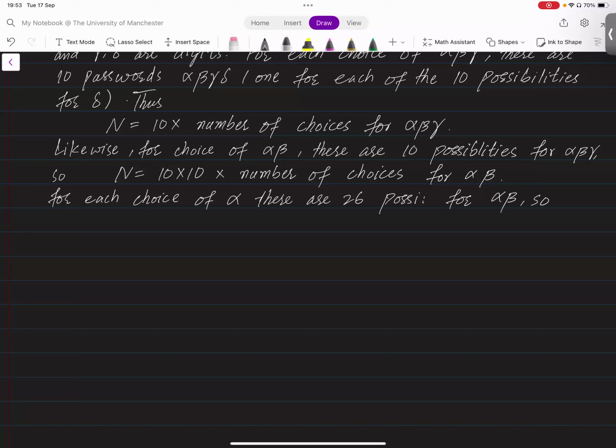So n is going to be 10 multiply 10 multiply 26 multiply the number of choices for alpha, and then it is going to be 10 multiply 10 multiply 26 multiply 26.